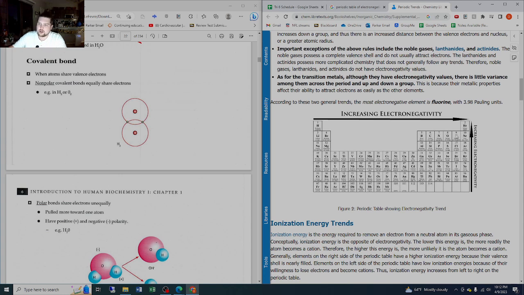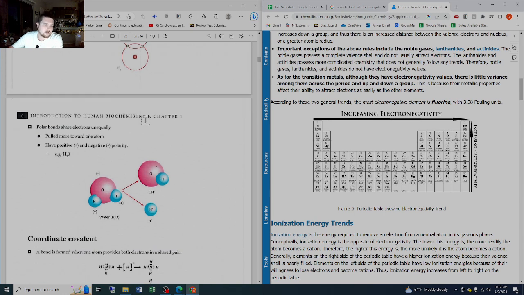So for example, oxygen right here, we typically consider pretty highly electronegative, that it really wants the electron. So if it's sharing with something besides another oxygen, it's really going to pull it forcefully towards it and hold it more than anything else. So there we go.